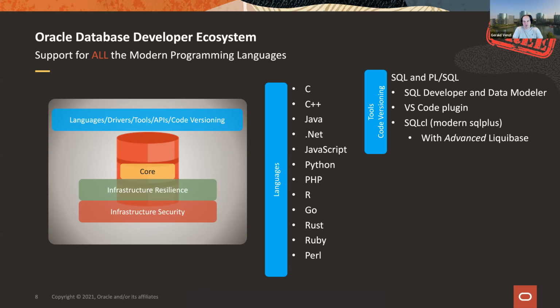On top of that, we give you free tools, like SQL Developer, loved and widely used by the developer community, the IDE tool to leverage or develop against an Oracle database. It also comes with a data modeler. We have a Visual Studio Code plugin, and we have a new command line, SQLcl.